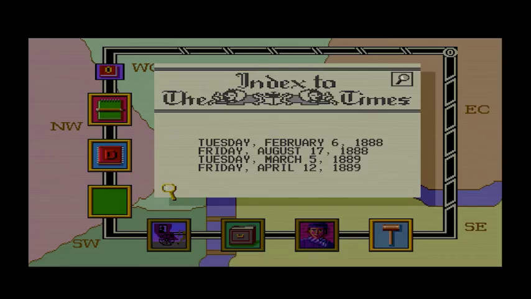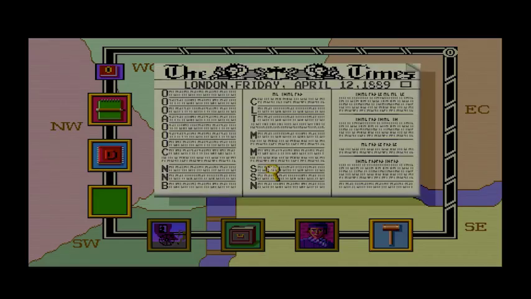Hebrides, Ireland, disaster at sea there. Shipping departures. Okay, and then it says April 12th, 1889. God, going over the course of over a year. Okay.